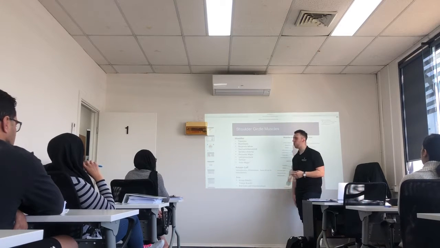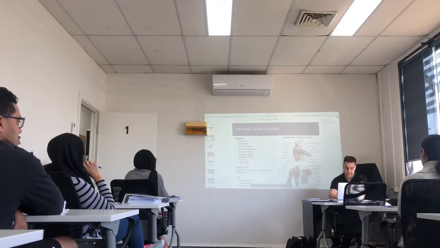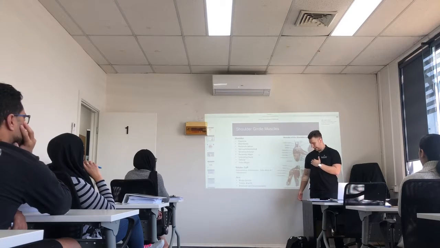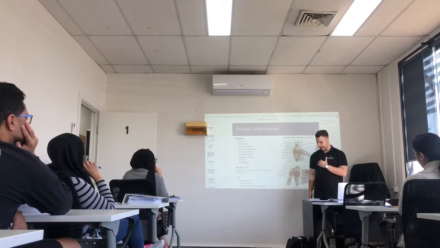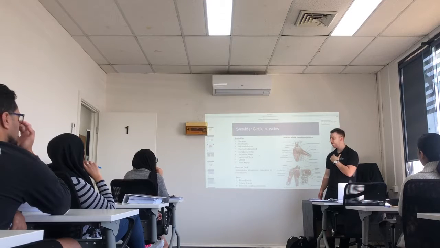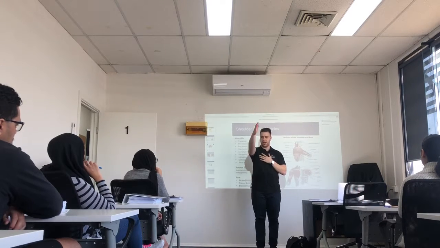It's a bit of a long one and a hard one to say, but I normally refer to it as SCM. We've got our pec major, located around here, and then our pec minor, which is on top right here as well. Movement-wise, they both do flexion.